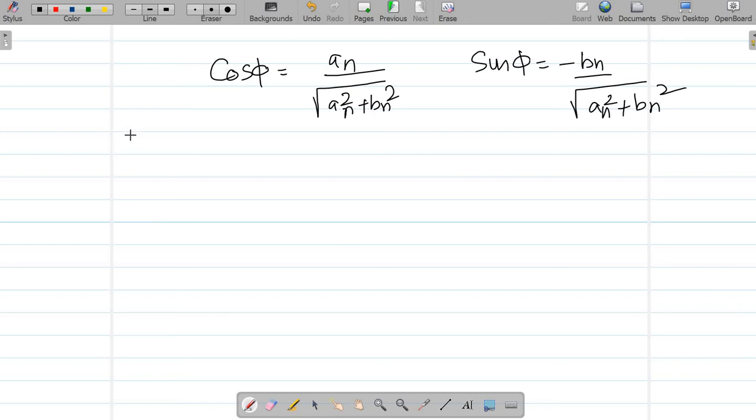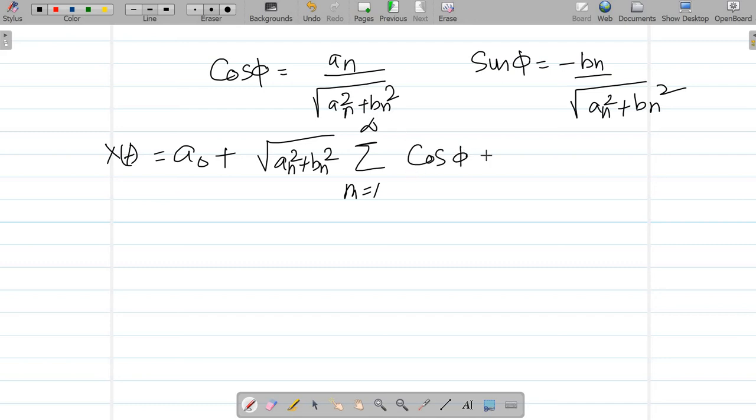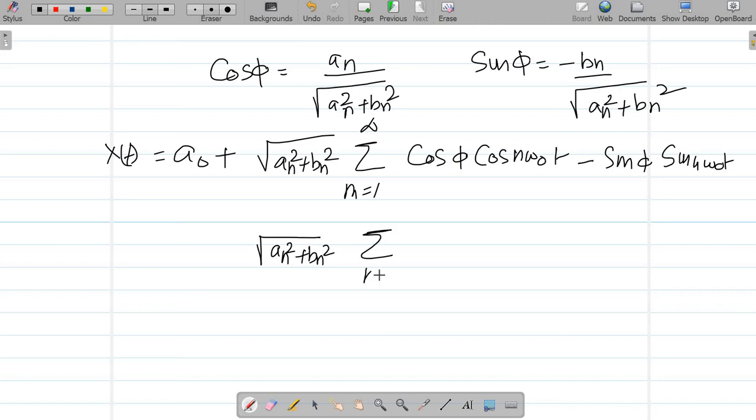So x of t can be written as a naught plus the sum from n equals 1 to infinity of root of An squared plus Bn squared cos of n omega naught t plus phi.